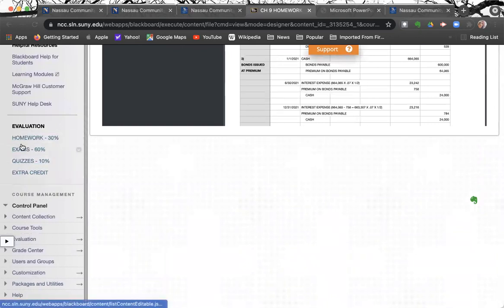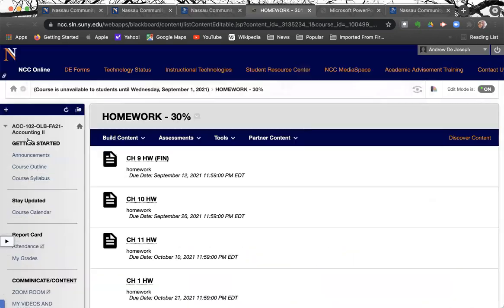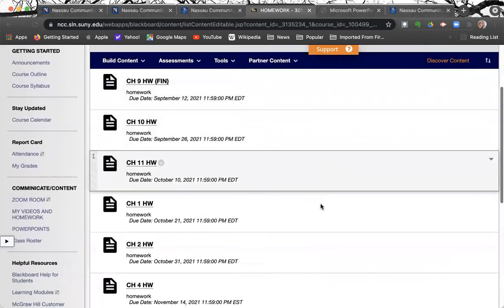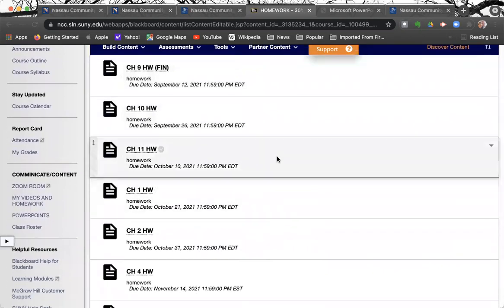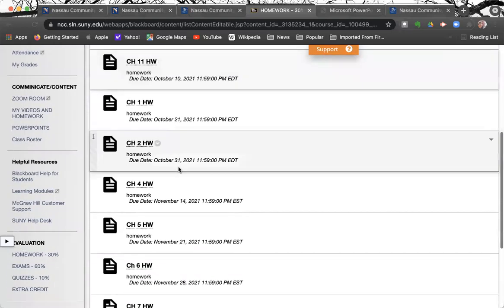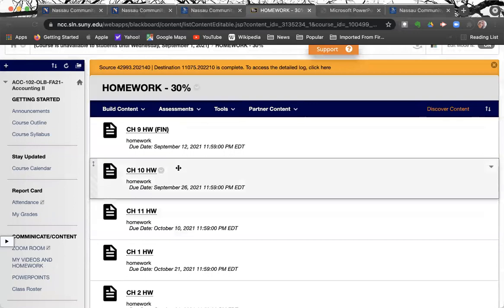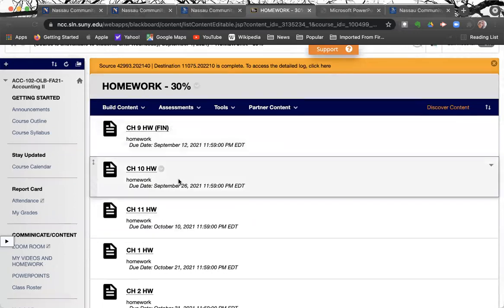This is where you'll do your work. It says evaluation, homework, exams, quizzes, extra credit. Homework. If you take a look, every assignment has a due date. Every assignment has a due date. So in the beginning, we kind of go slow. We spend 10 days to 2 weeks or so on each chapter.